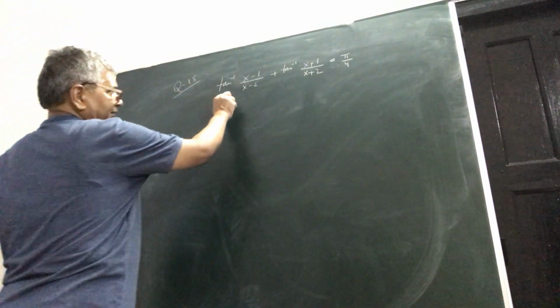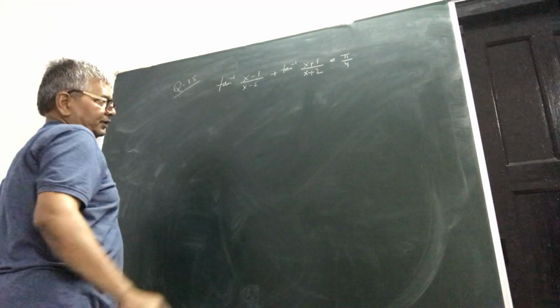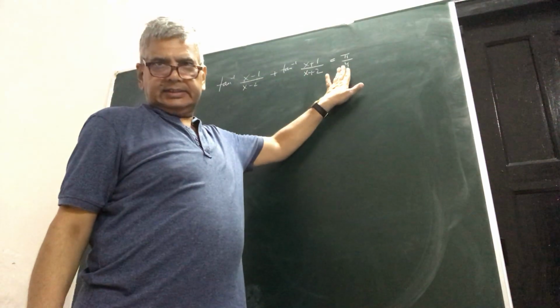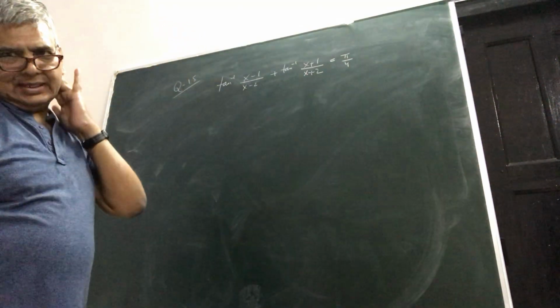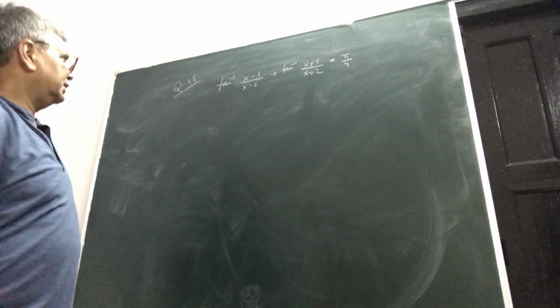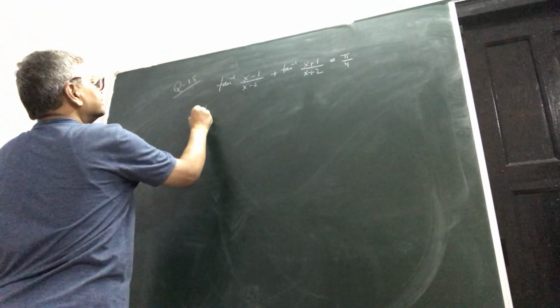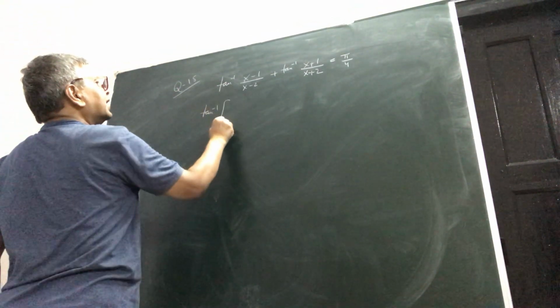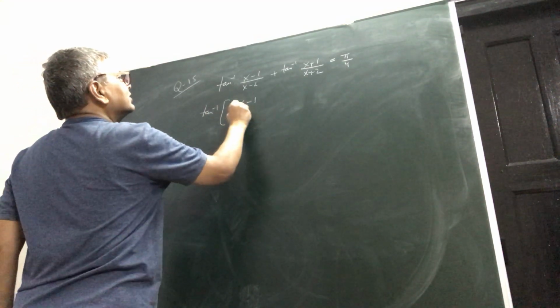So what will you do? Tan inverse x plus tan inverse y, where x, y is less than 1. So here you can invoke the formula. So it will be tan inverse of x plus y. X plus y means what?